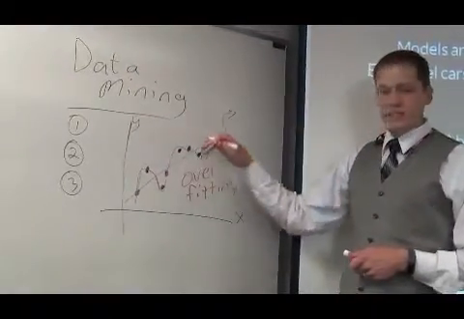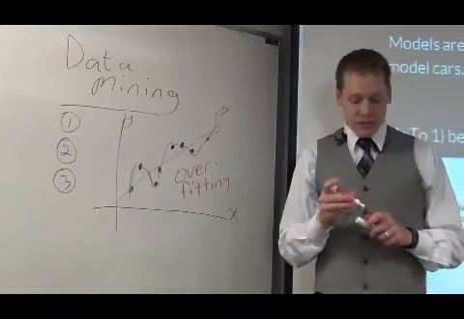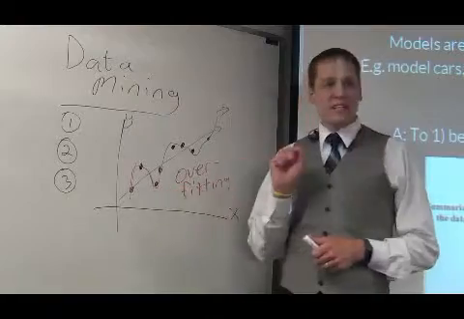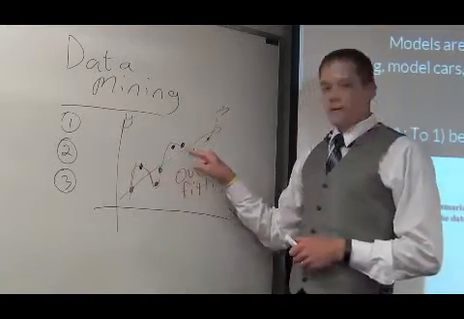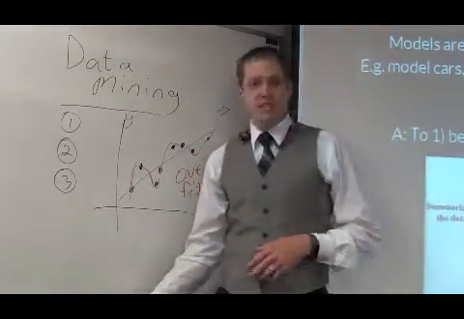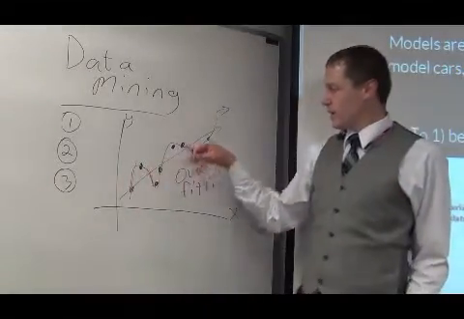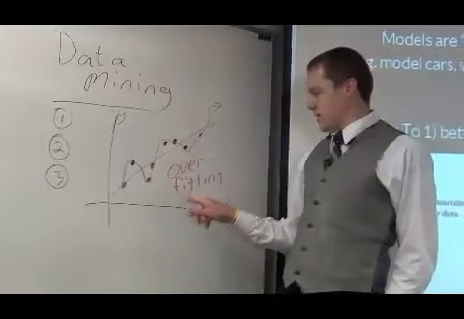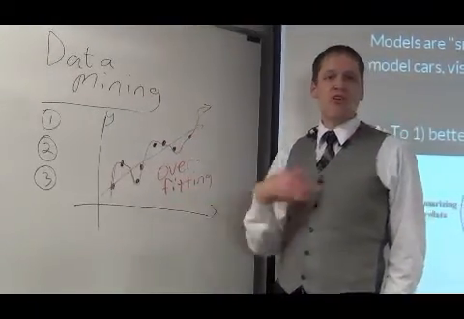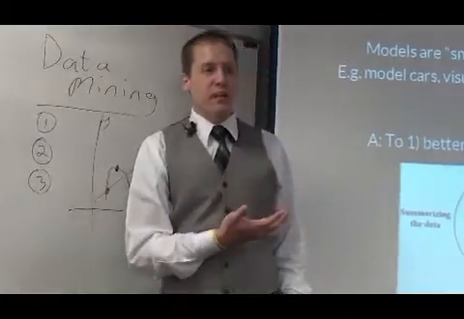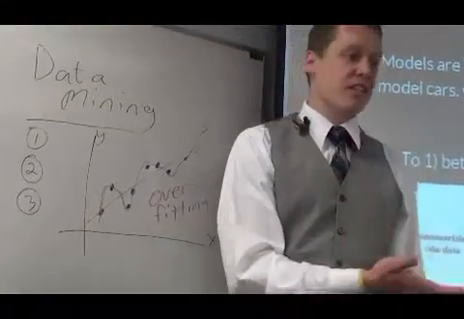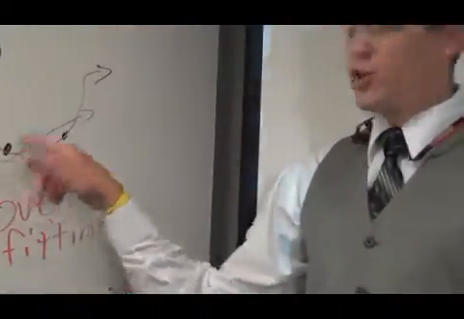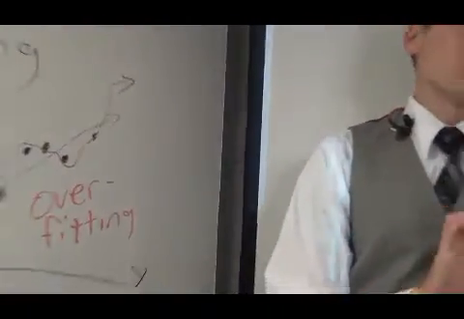However, it's very curvy, it's very unpredictable, and it might be the case that we didn't really need to fit these data points perfectly, that the real pattern is much simpler than this red line, but this red line was trying so hard to fit every piece of data that it overfit them. That is, it created an overcomplicated model or an overcomplicated function of y that fit the data too well, better than it should have.